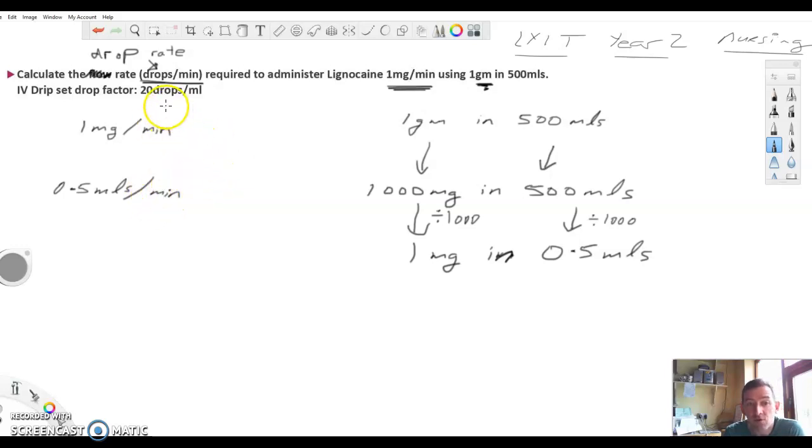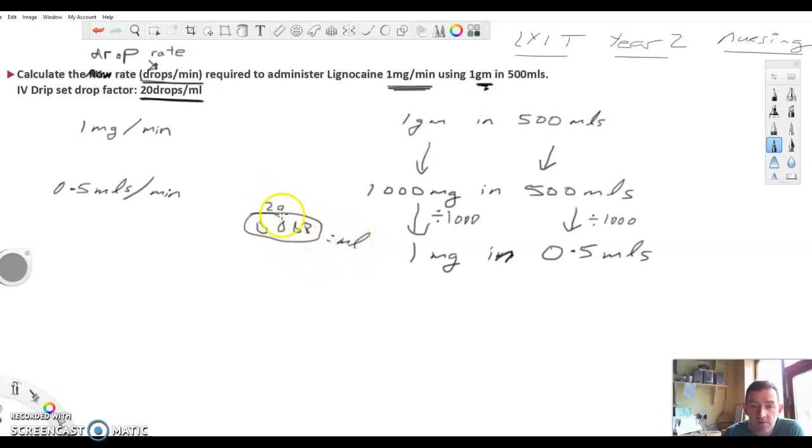And then lastly, we're told that there's 20 drops per mil. So in each mil, you have to have 20 drops. There's a drop, there's a drop, there's a drop, there's a drop. We need 20 of them to make up 1 mil.